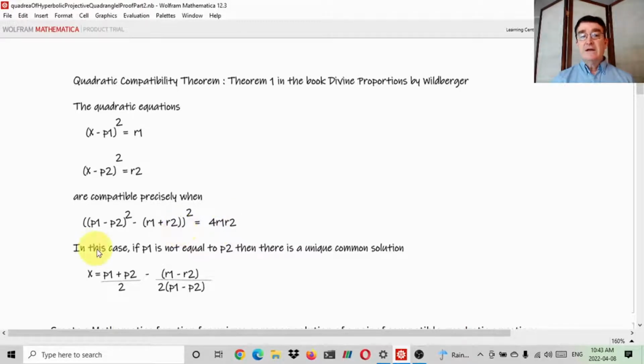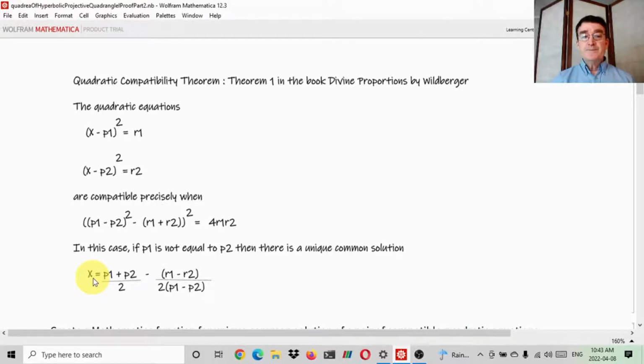And in this case, if this is true, then if p1 and p2 are not equal, so that you don't get a 0 in the denominator here, then there is a unique common solution x.